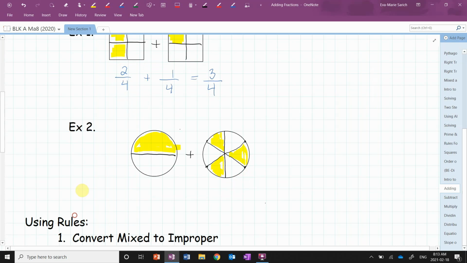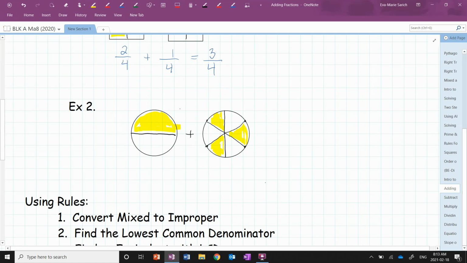Okay? And in order to do that, the pieces all have to be the same size. So what we want to do is start placing the lines that we see on this pizza onto that one, and take the lines we see on this pizza and put it onto this one. And we have to make sure that all pieces are the same size.